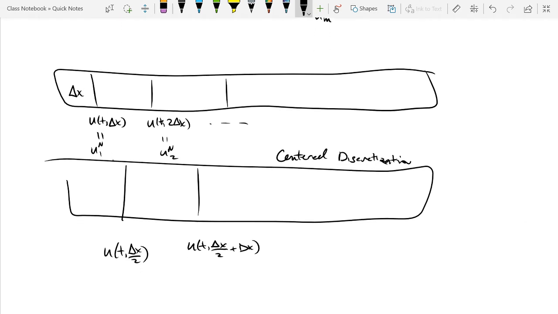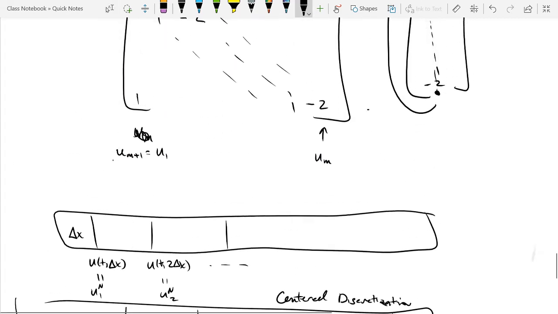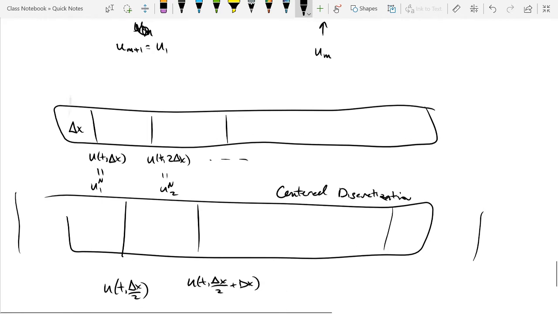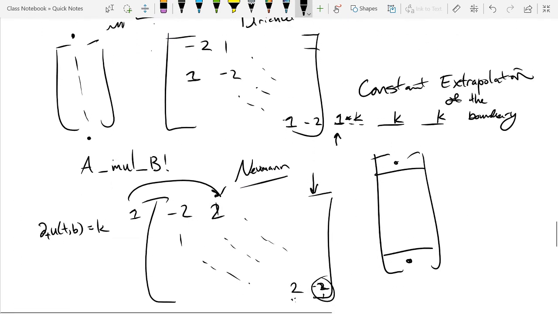Now, if you do the centered discretization, then notice that you have 2 points which are not on the boundary. Your next points are off the boundary. What you can see is that this actually makes sense with the way we've written down periodic. It doesn't make sense with the way we've written down Neumann, and it makes sense with Dirichlet.